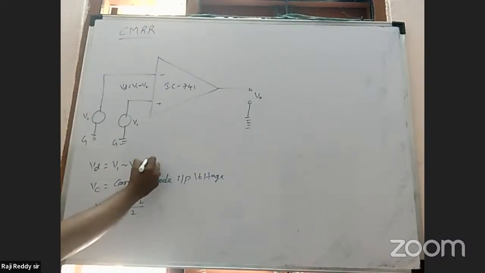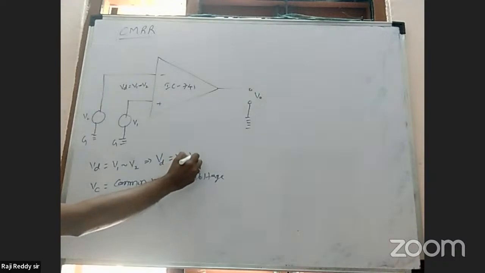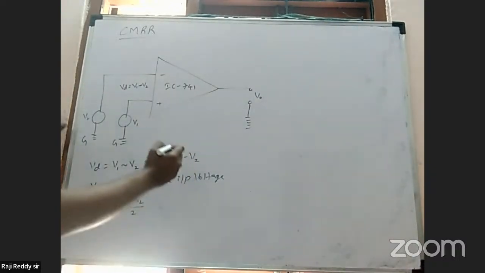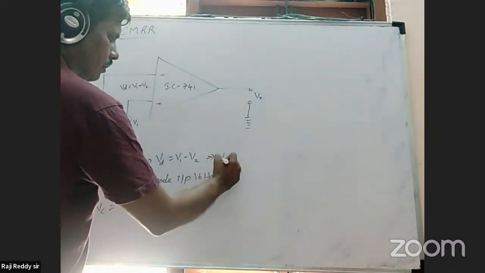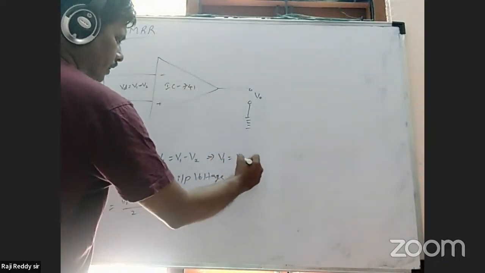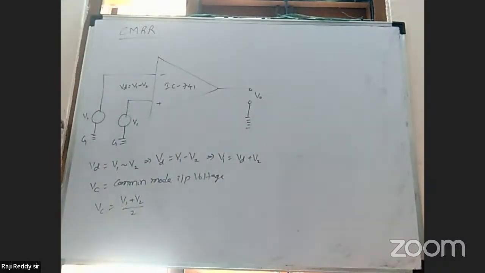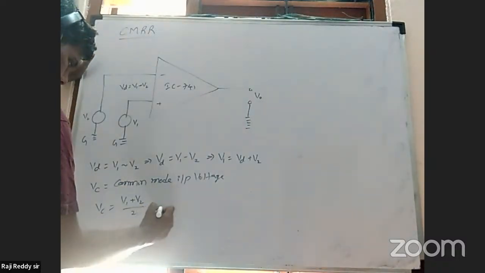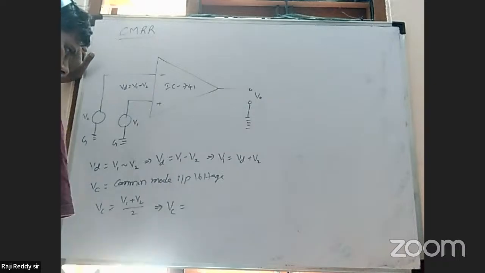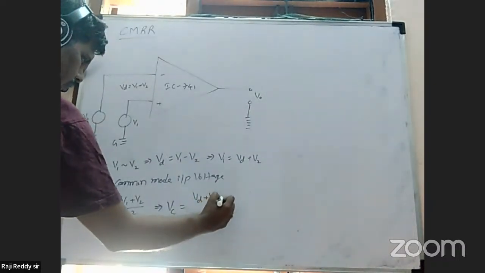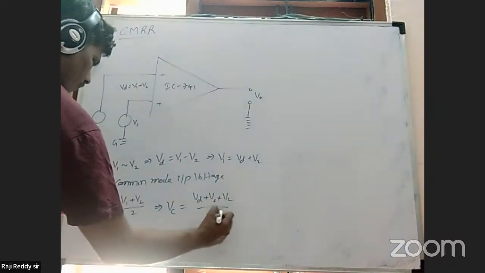From this, if V1 is highest, then VD is equal to V1 minus V2, so V1 is equal to VD plus V2. So VC is equal to V1 plus V2 by 2, that is VD plus V2 plus V2 by 2.